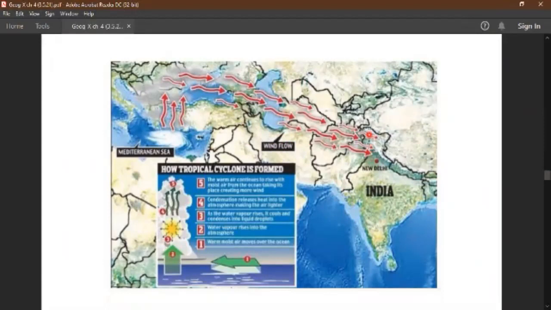The northern branch blows along the northern edge of Himalaya and the southern branch blows to the south along 25 degrees north latitude. It is responsible for bringing the western disturbances from the Mediterranean Sea region to India, causing winter rainfall in northwest India.